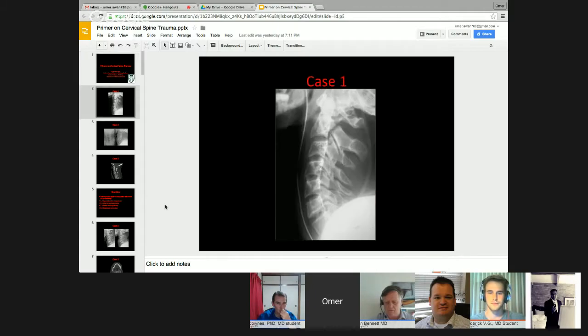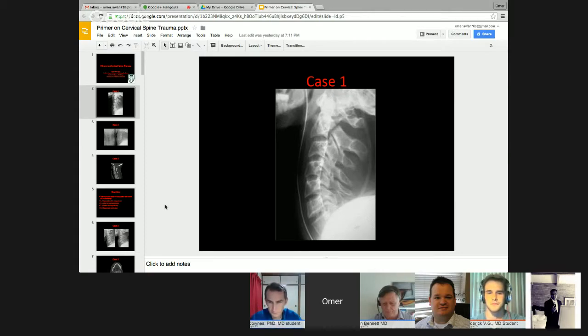So I always start my lectures off with some basic questions and 4 or 5 cases that are unknowns. Typically my residents take these cases, so I'm just going to show 5 cases very briefly. We'll obviously come back to these cases at the end of the session. So this is case 1. There's obviously a gross abnormality in the cervical spine here.